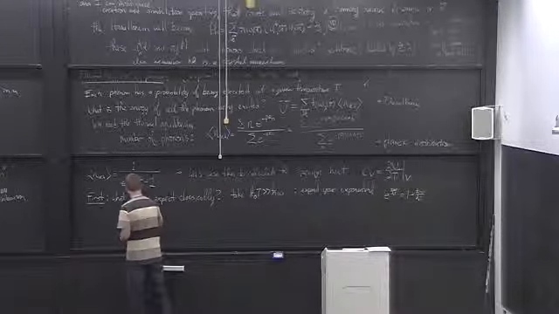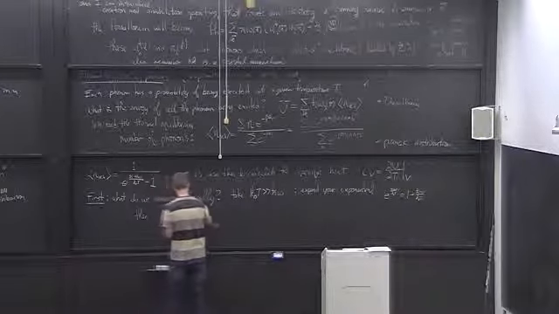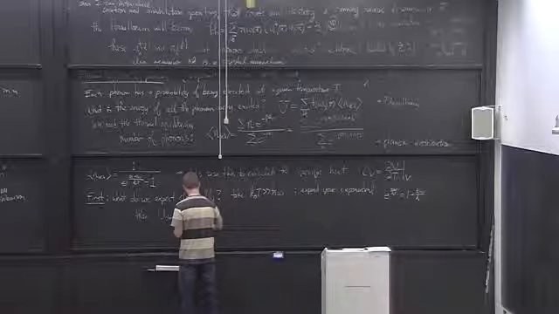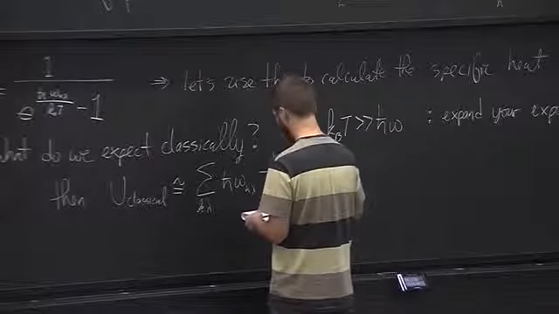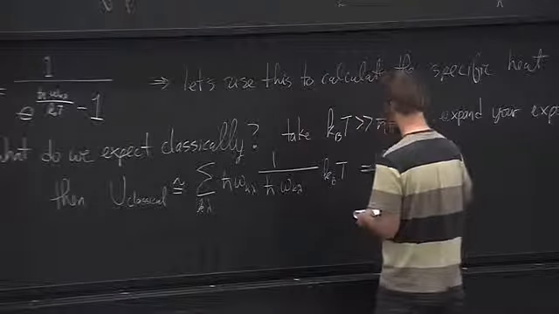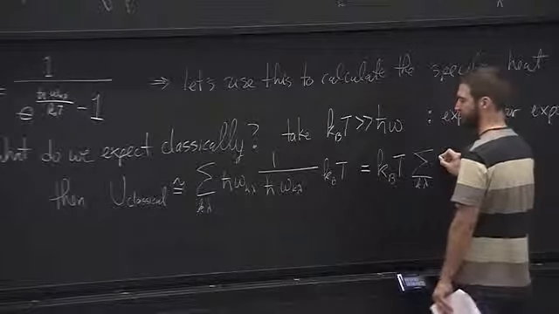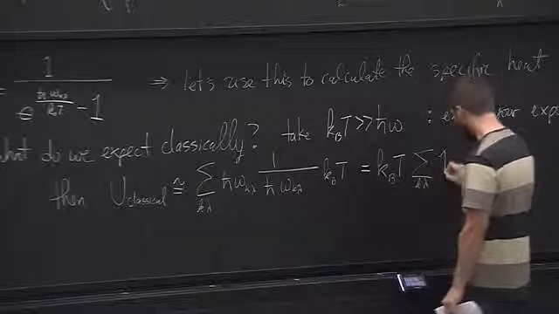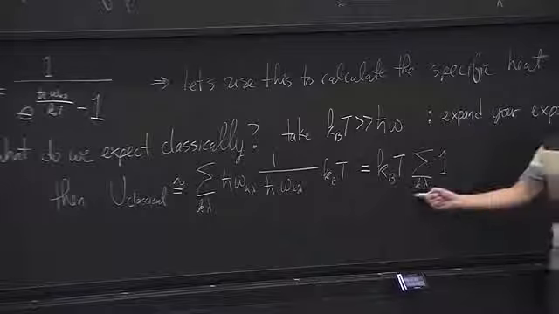So then what is left? 1 is left. I took k_B T on the outside. So I still have my sum, but there's nothing inside that sum. So that's just the number of all these modes.